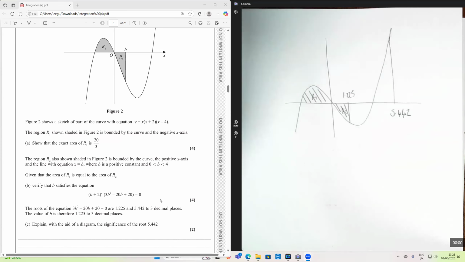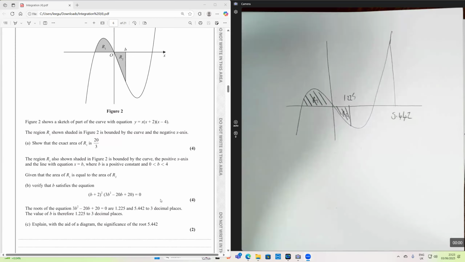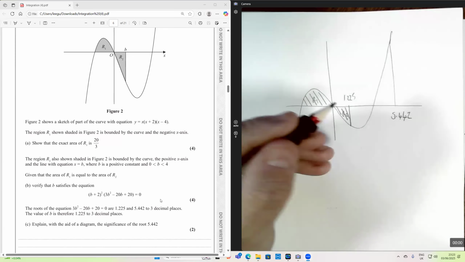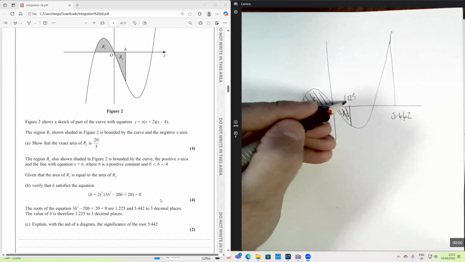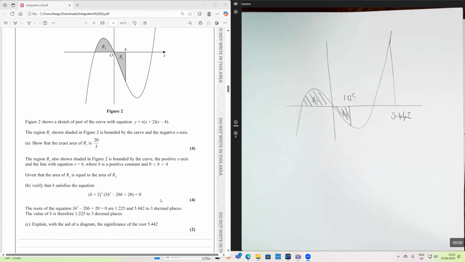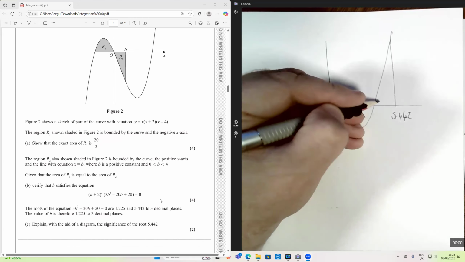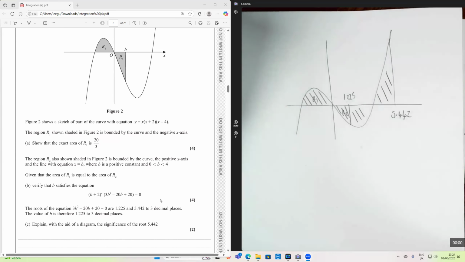Now, being as this whole equation has been formed from setting these areas below the curve and above the curve equal to each other, we've got another solution that's popped up that's 5.442. And what that is, if we were to integrate this curve between the 1.225 and 5.442, it's the other value that would give us a total area above the curve and below the curve as being 0.